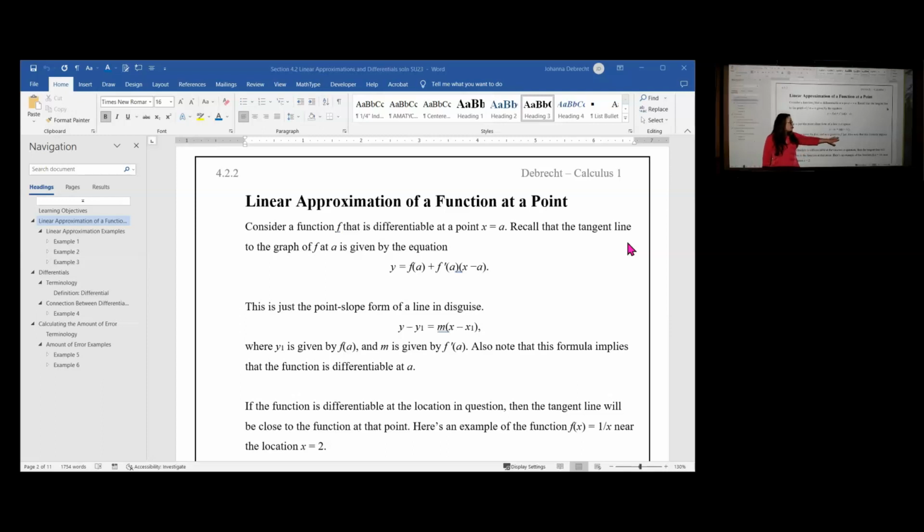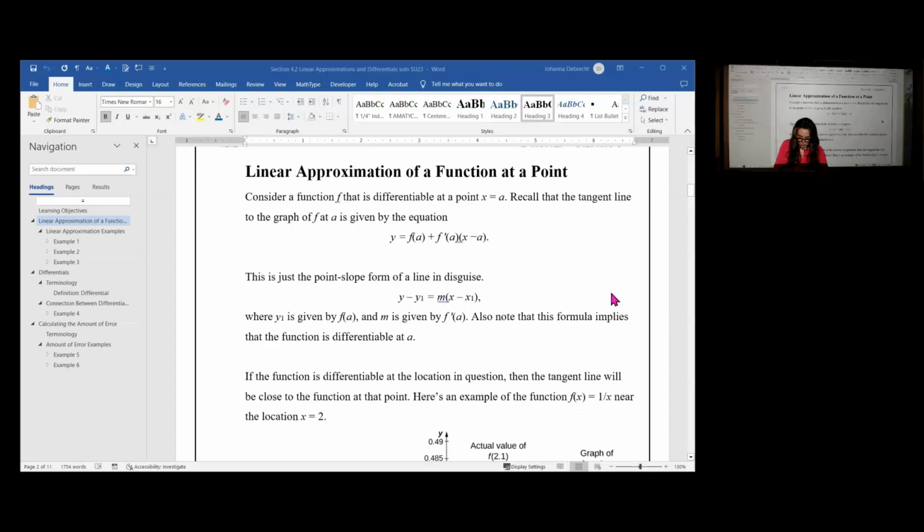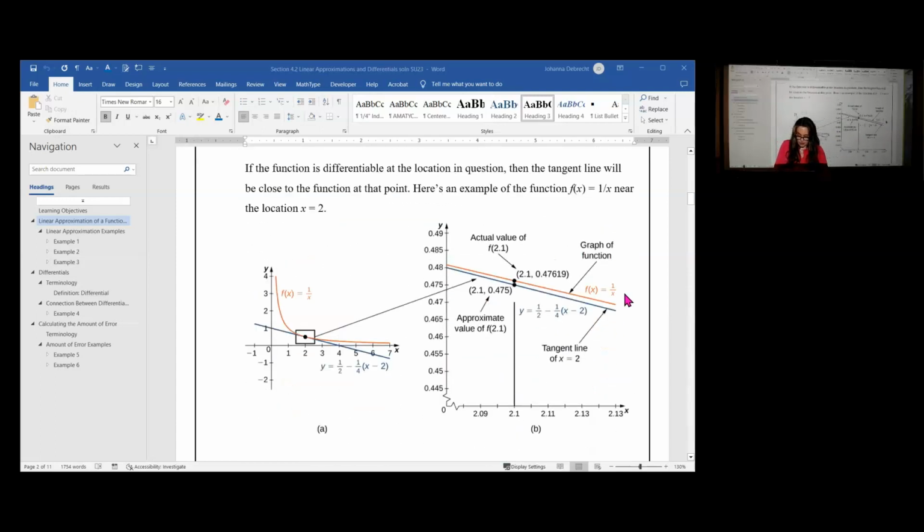Again, the slope is given by the derivative at a, which is the slope of the tangent line. Now, this formula implies, of course, that the derivative has to exist because we're using the derivative in the formula. Provided that it is differentiable, the tangent line will be close to the function at that point.